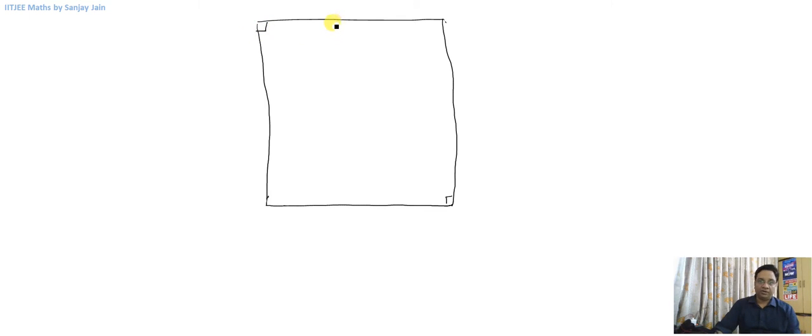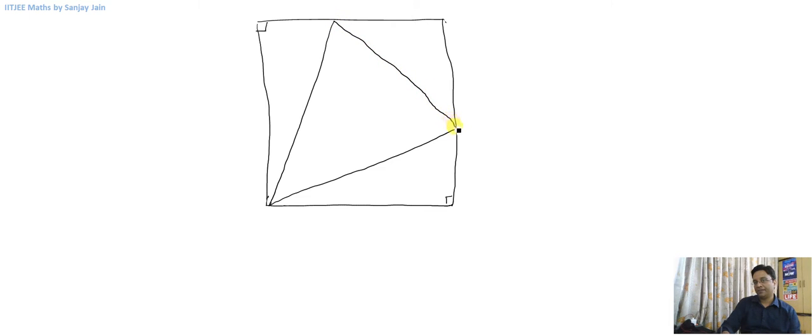Now I will create a triangle inside this rectangle in such a way that it is a right angle triangle, and this angle here is the right angle. Let me take this angle as alpha and this angle as beta.